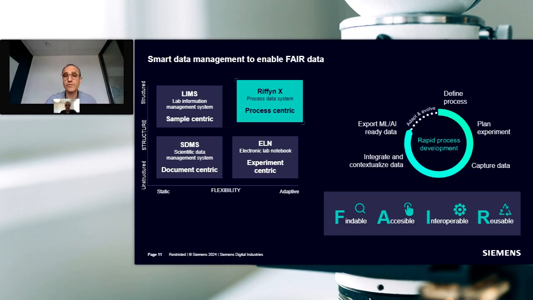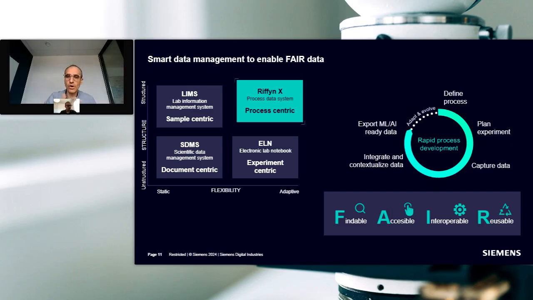And of course, the idea is to have something which is iterative because Riffyn will contain versioning of your recipe. So whatever you're defining from your process, the different steps that you need to align in it, and the different material resources that you will use will evolve over time, and we know that.